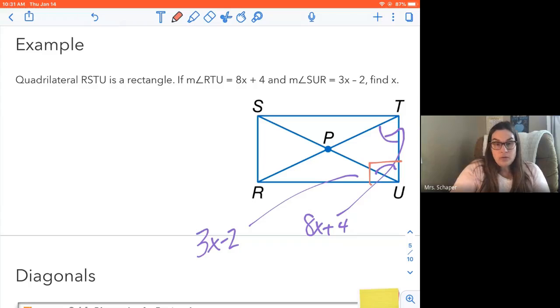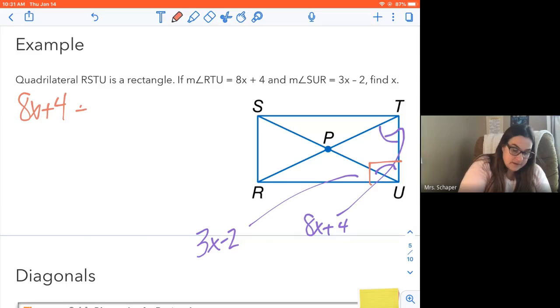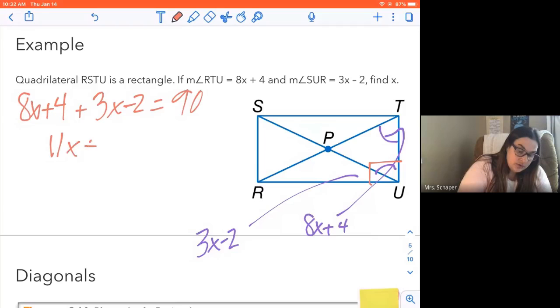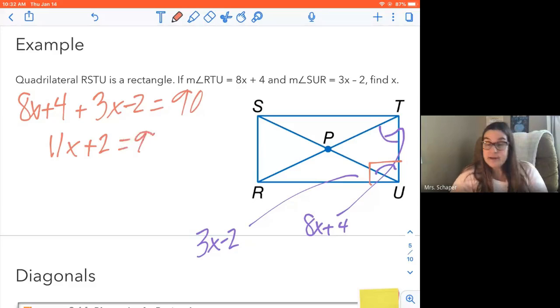So we know that 3x minus 2 and 8x plus 4 are complementary because they equal 90 degrees. So we can say 8x plus 4 plus 3x minus 2 is equal to 90 degrees. And so 11x plus 2 is 90.